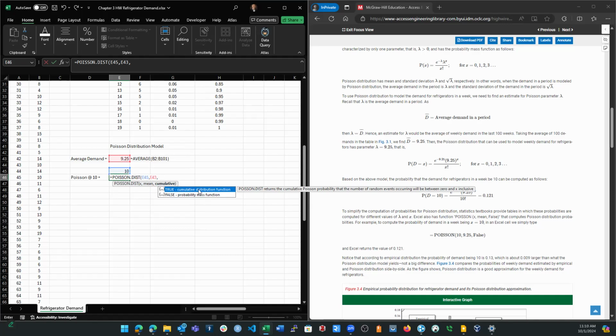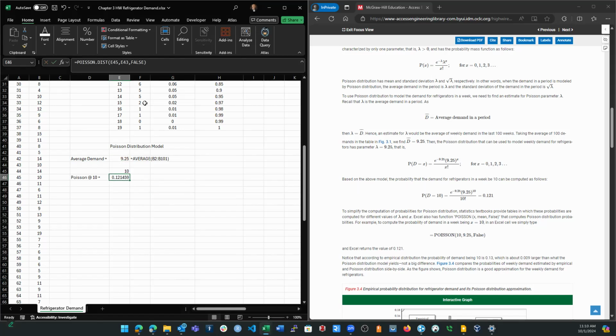The cumulative distribution is everything else underneath that, including 10. So in this case, we're asking X being 10. So if X is 10, we're looking at the probability mass function, not the cumulative. So we're going to select false for this third option here in our Poisson formula. And it says Excel returns the value of 0.121. There it is. So we have a value of 0.121.